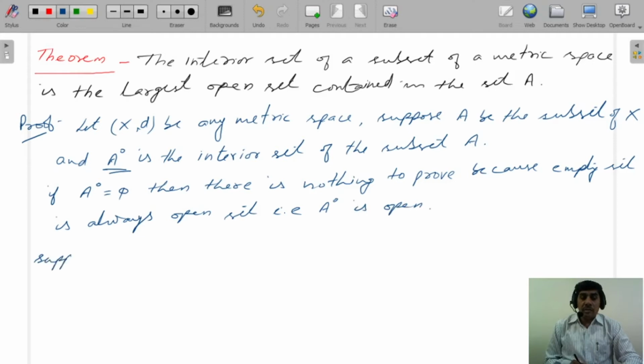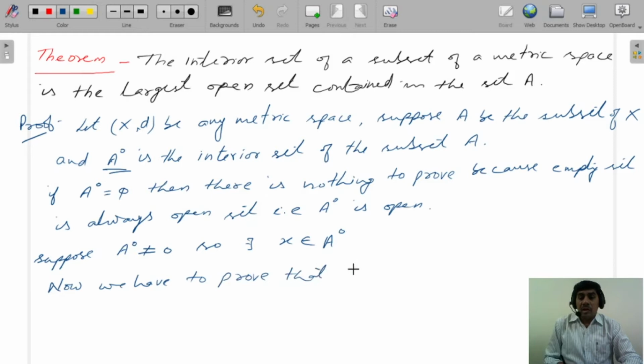Suppose A interior is not equal to the empty set. So there exists x belongs to A interior. Now we have to prove that A interior is a neighborhood of x.